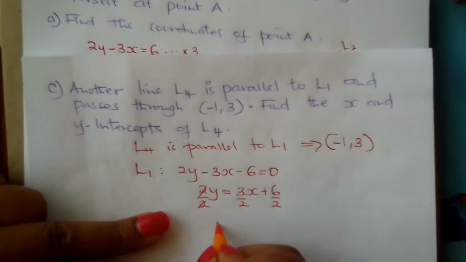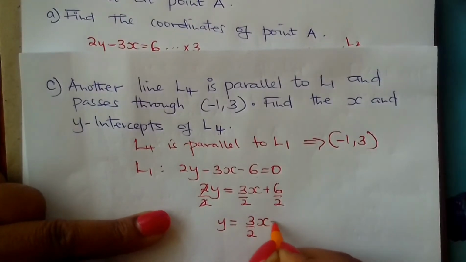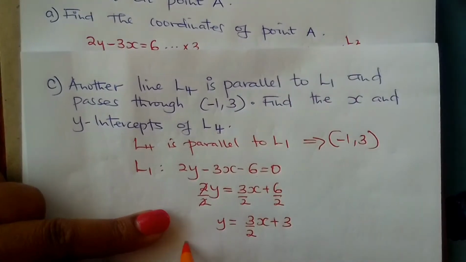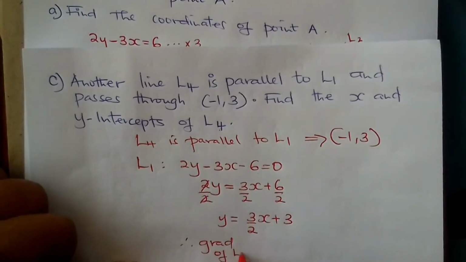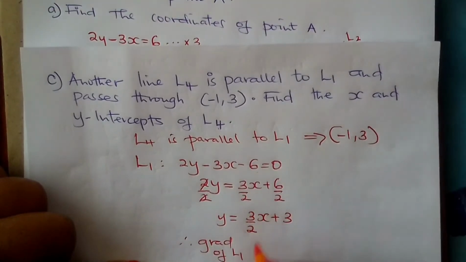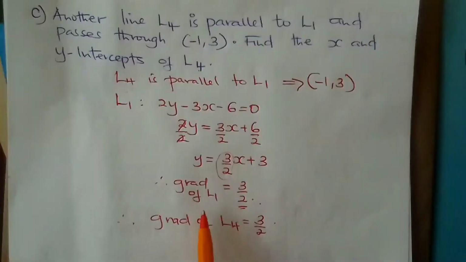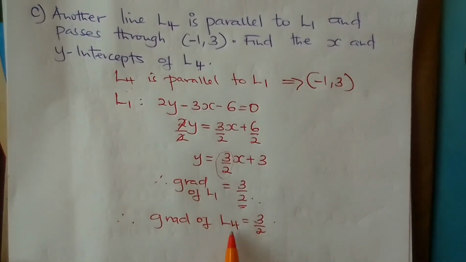So learner, your y is 3/2 x plus 3. And therefore, the gradient of L1 is the coefficient of x, and parallel lines have equal gradients. And so the gradient of L1 and L4 is 3/2.